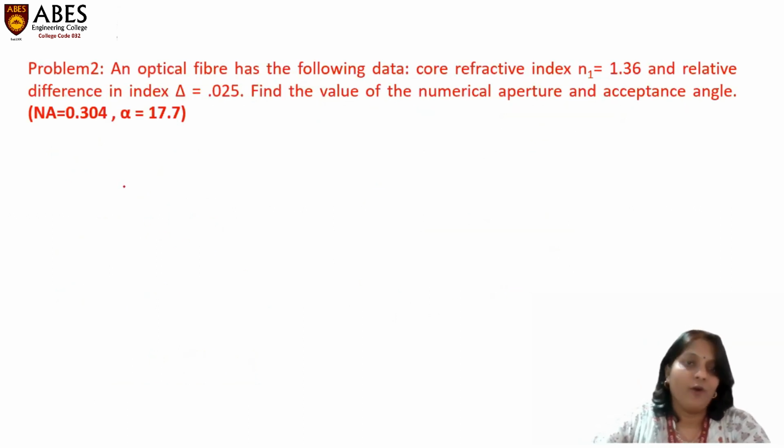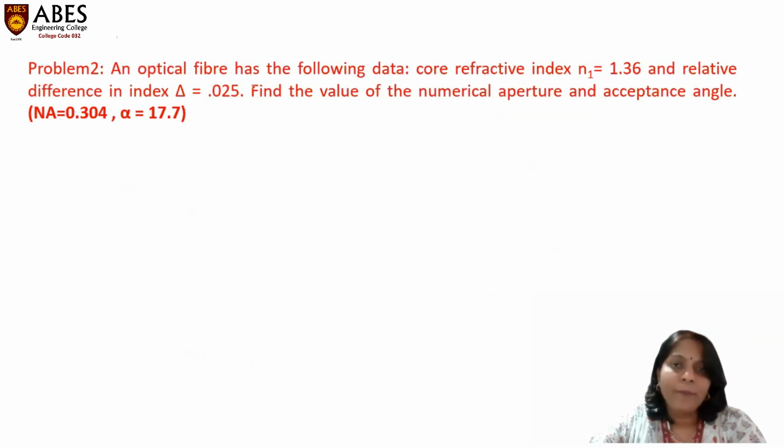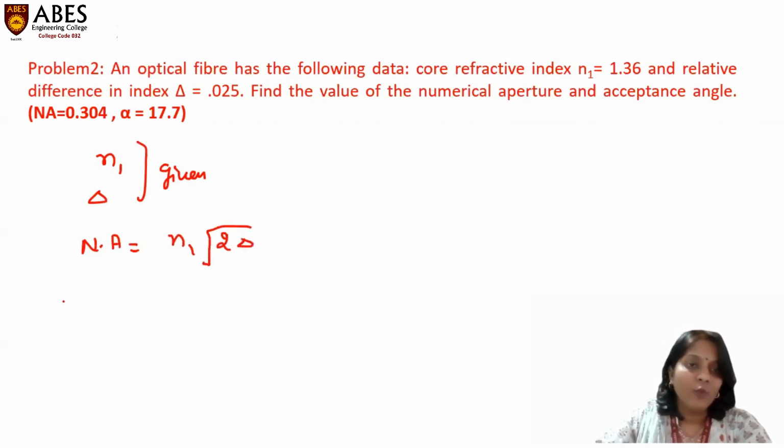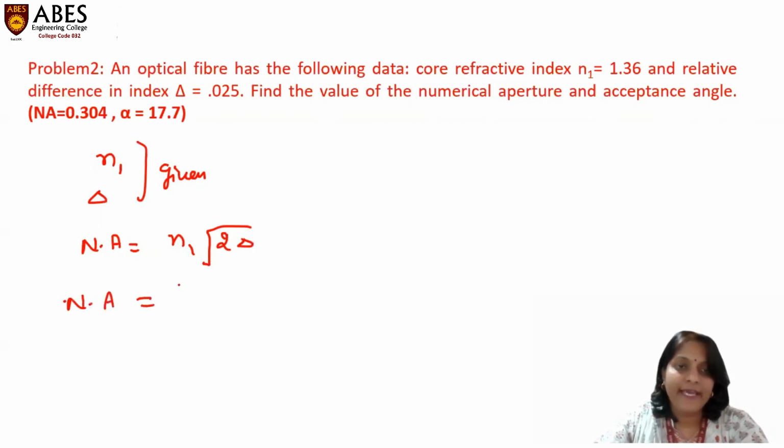Now the second question. An optical fiber has the following data: the refractive index N1 and delta are given. We know the relation between these quantities: the numerical aperture is N1 root 2 delta. It is a direct formula.